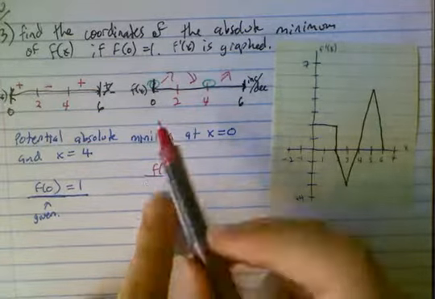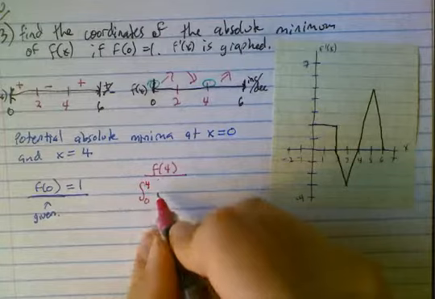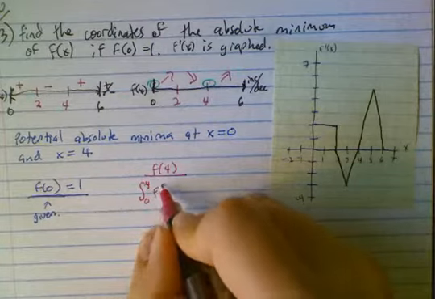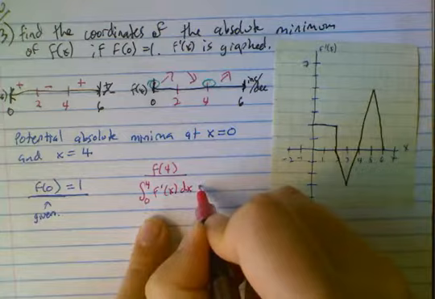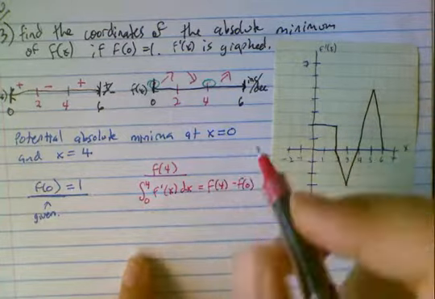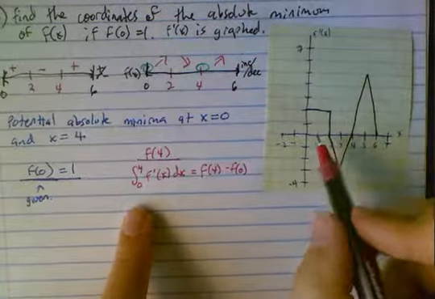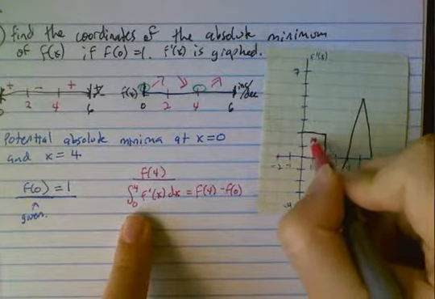So we know f of 0, we want to find f of 4. So the integral from 0 to 4 of f prime of x dx is going to equal f of 4 minus f of 0. So from 0 to 4, we know that this area right here is 4.